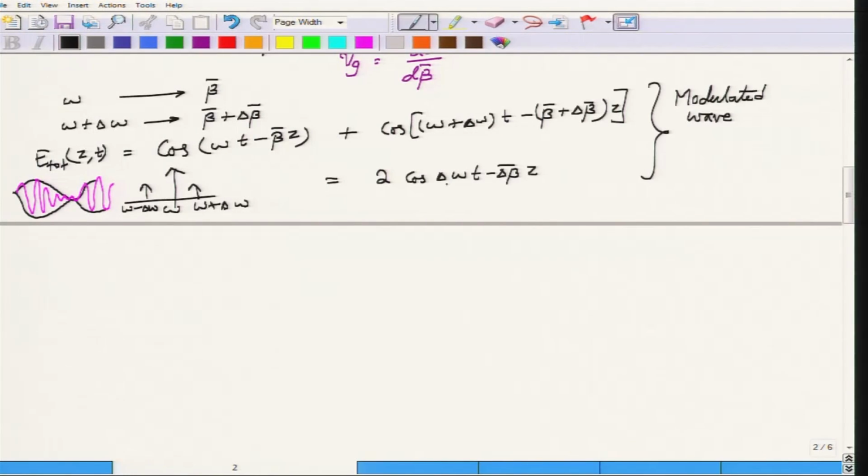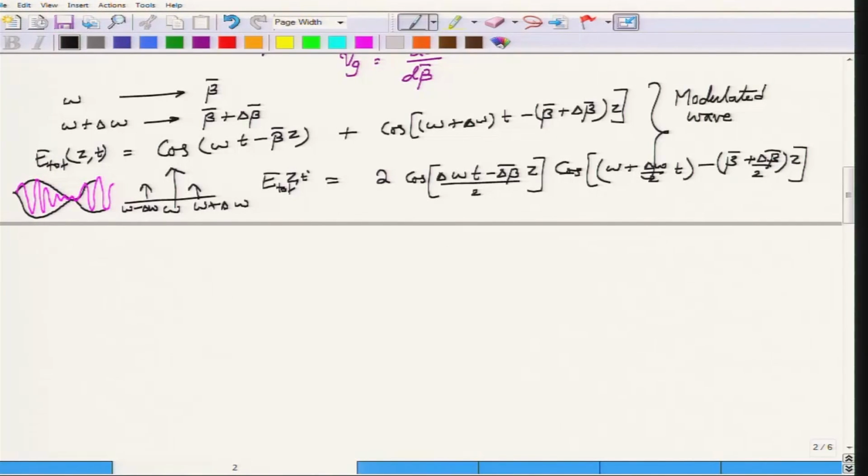So, please verify this one, it is coming from the cos A plus cos B formula, and this is multiplied by cos of omega plus delta omega by 2 into t minus beta bar plus delta beta bar by 2 into z. Okay. So, this would be the total electric field. So, we have called this E total of z, t, and now you can see two terms, right.